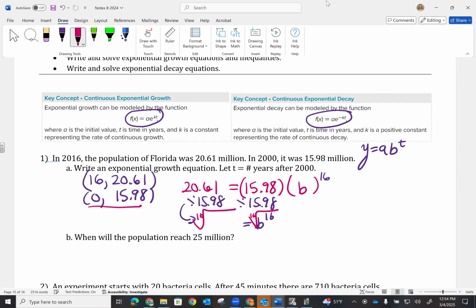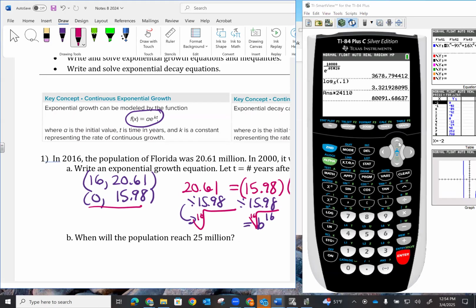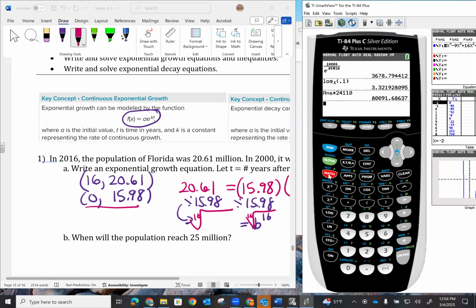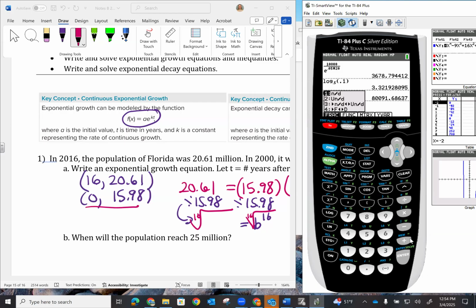So on your calc, and I would say fire up that calculator, we're going to do math, and we're going to type down to option 5. We're going to take the 16th root, and the fraction we're going to put underneath that root is going to be 20.61 divided by 15.98.